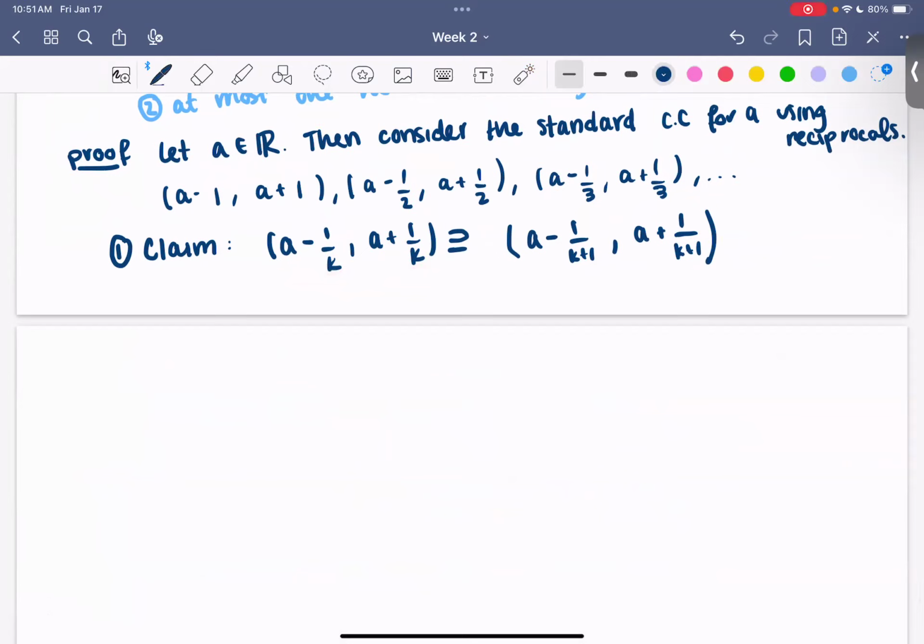So let me just write this out as a set. So a minus 1 over k, a plus 1 over k. Okay, so this is the set of real numbers x such that a minus 1 over k is less than x, which is less than a plus 1 over k.